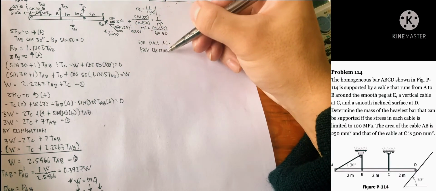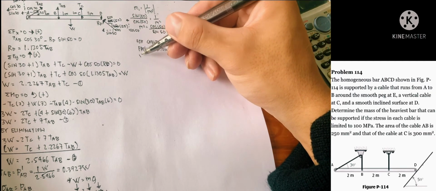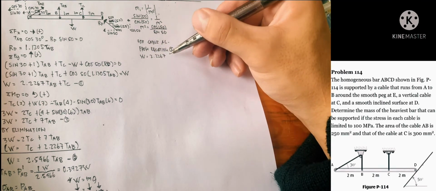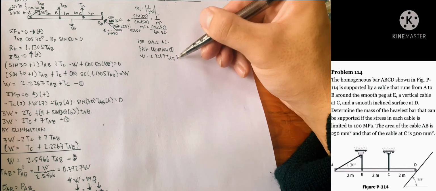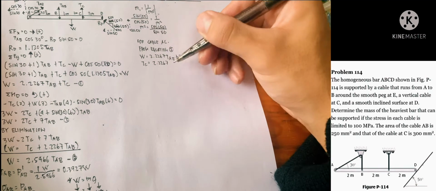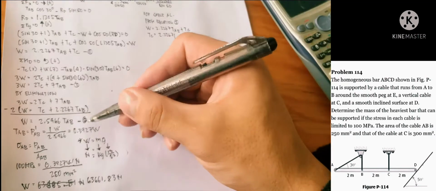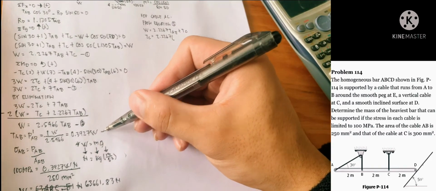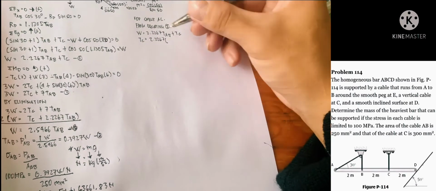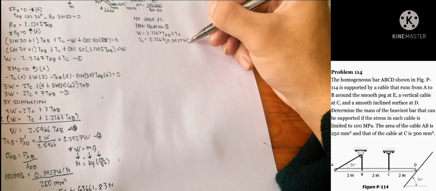From equation 1, we have weight is equal to 2.226 tension of AB multiplied by tension of AB plus tension of AC. Now we have AB, so that should be A. It was the one below, but it's the same. We can transpose.